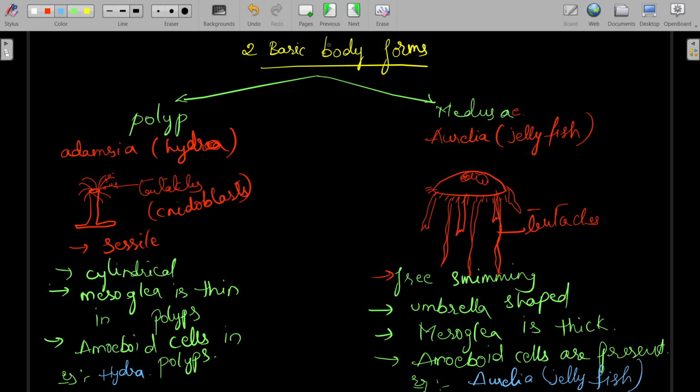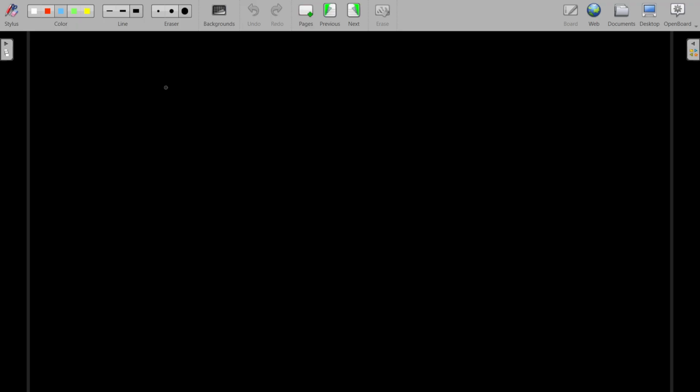Next. These cnidarians exhibit both of the body forms. What are the body forms? They are polyp and medusa.